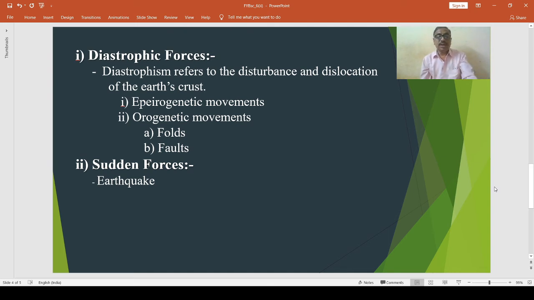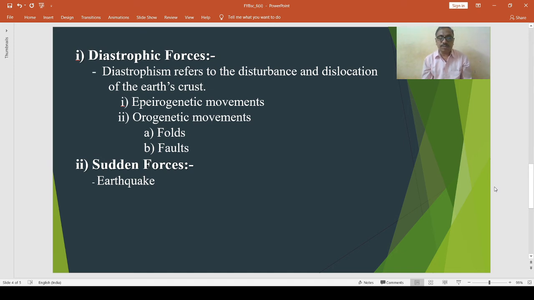Then, sudden forces, earthquake. The place of origin of the earthquake is called focus. Means focus, the center of the earthquake. The depth of focus varies from place to place.